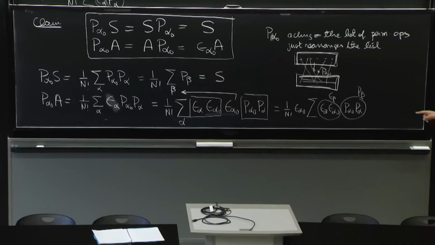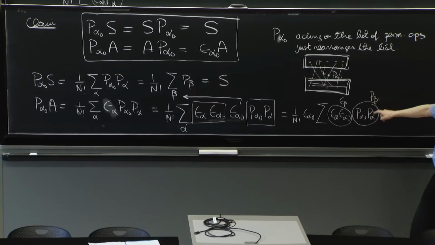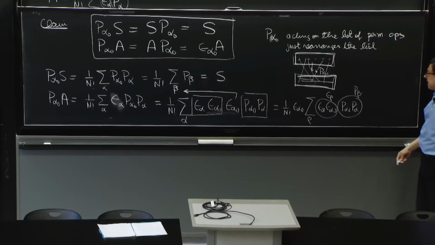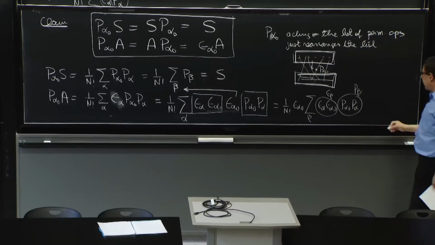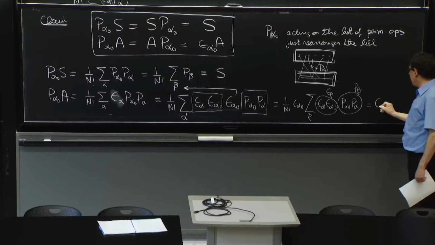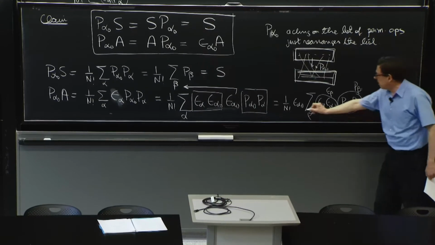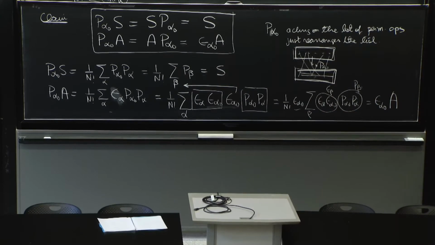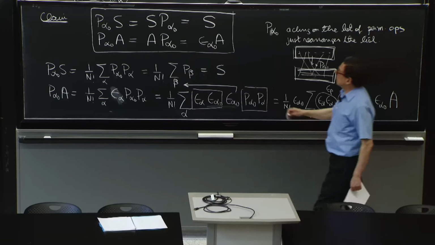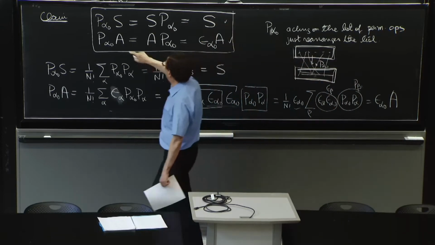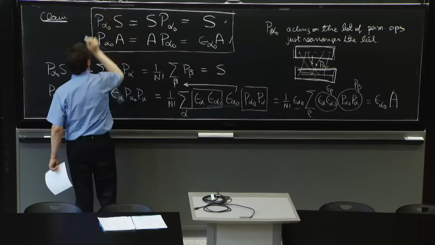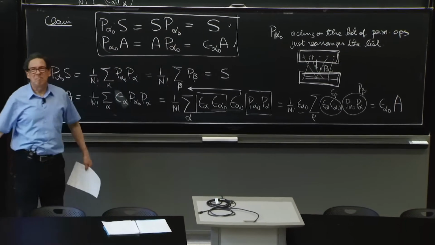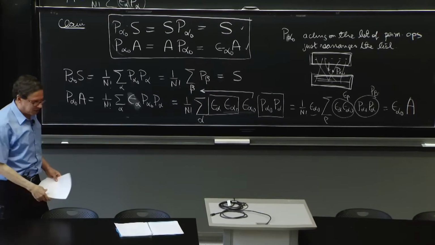So this is an epsilon beta, P beta, sum over beta, and that is the anti-symmetrizer. So you got epsilon alpha 0 in here, and the rest is again the anti-symmetrizer. So these two properties have been proven. I've proven them when P is from the left. The proof when P is from the right is very similar, almost no changes.